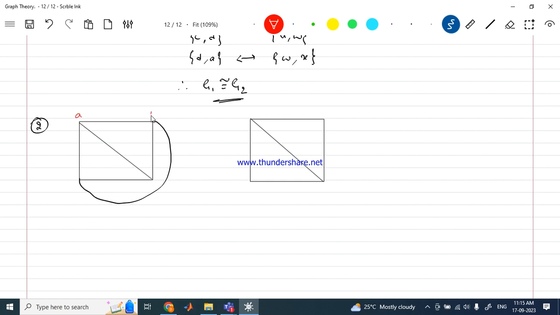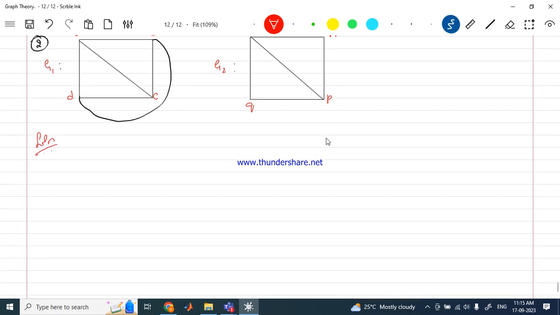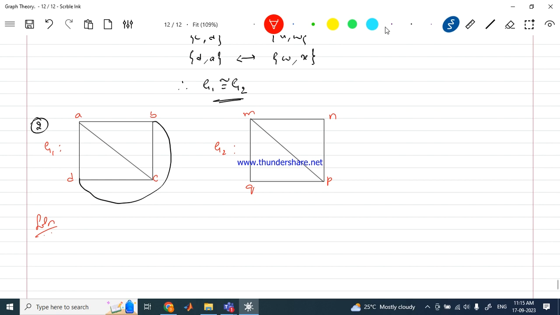This is A, B, C, D. This is M, N, P, Q. This is my graph G1 and this is the graph G2. So what about this example? Are they isomorphic? No.